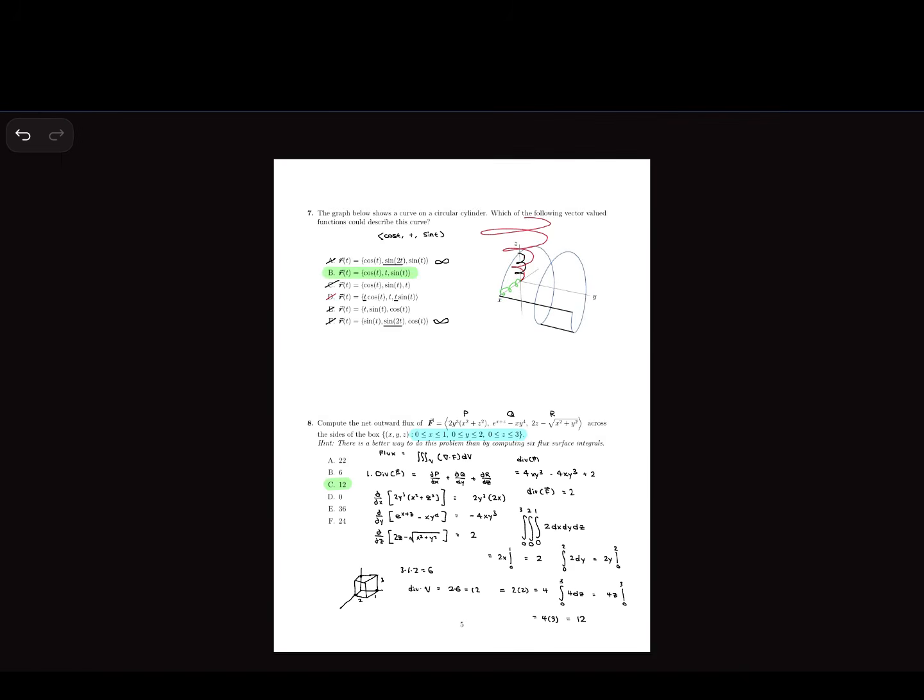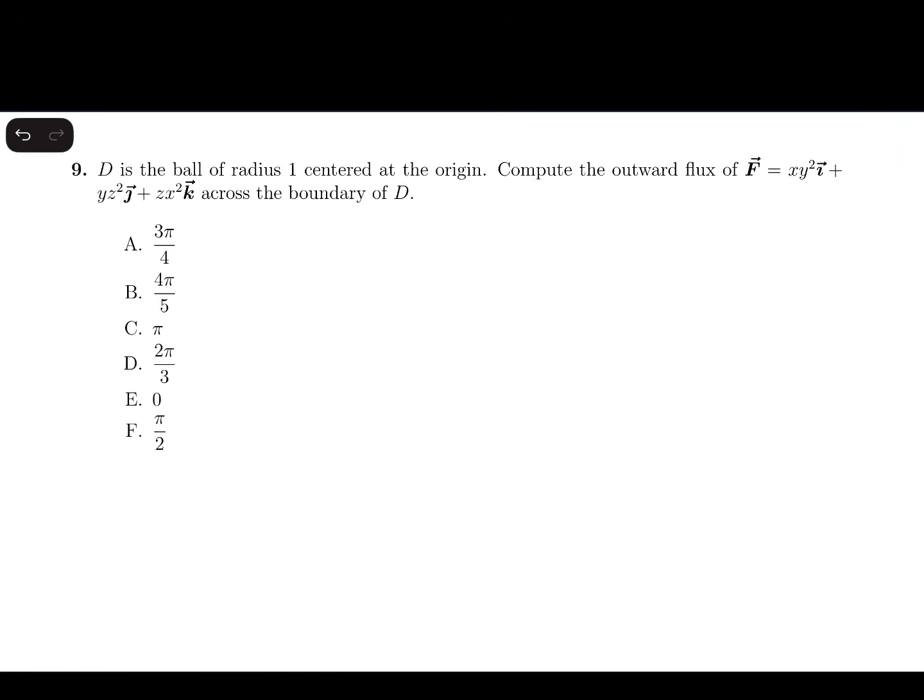Okay, moving on to question number 9. Question 9 asks us, D is the ball of radius 1 centered at the origin. Compute the outward flux of vector F equal to x y squared i plus y z squared j plus z x squared k across the boundary of D. So this is a classic divergence theorem question.